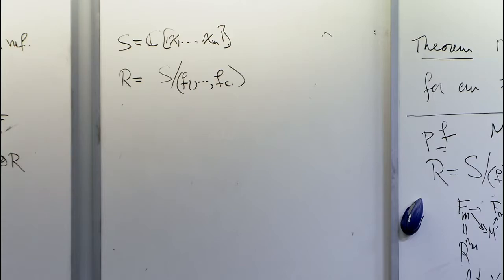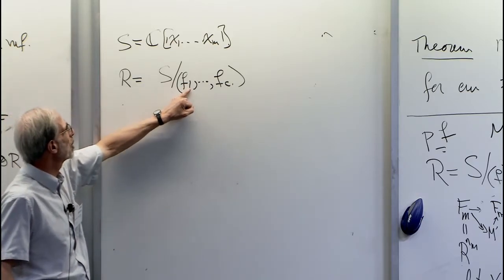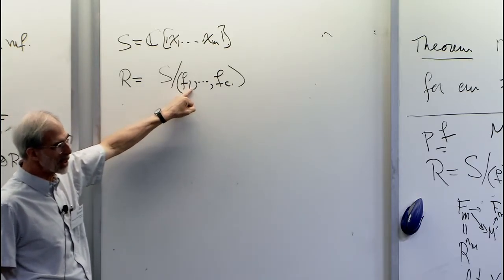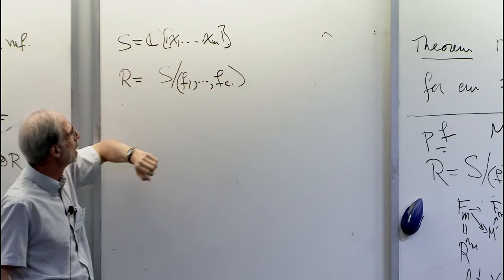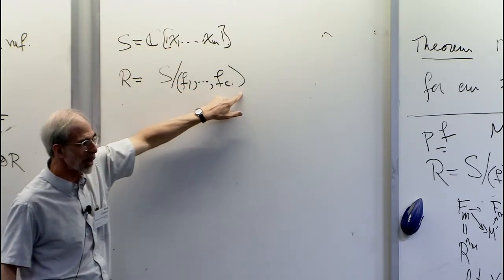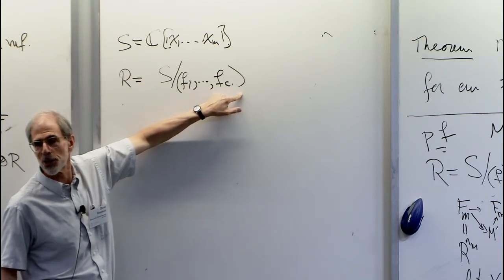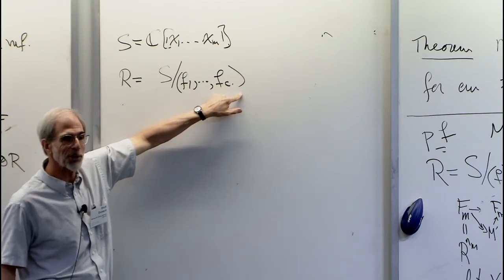Now, that's what I did with C equal 1 before. There's a special feature of C equals 1, however. Any one polynomial which isn't 0 is a regular sequence in this ring. And I need a regular sequence here to make things easy. So if I just take an arbitrary ideal generated by C functions, then free resolutions are just awful.